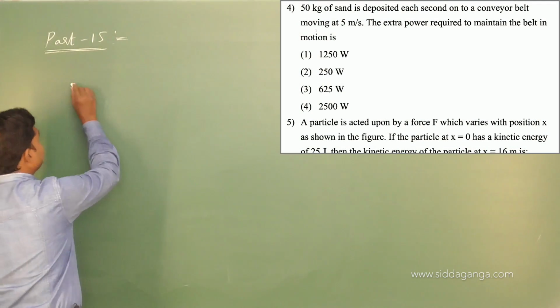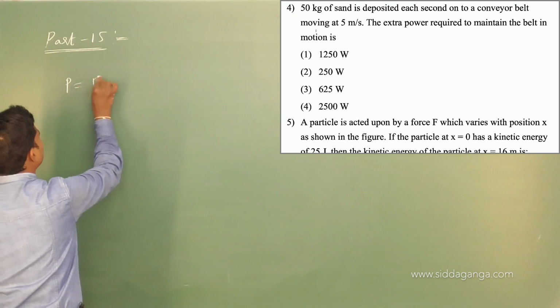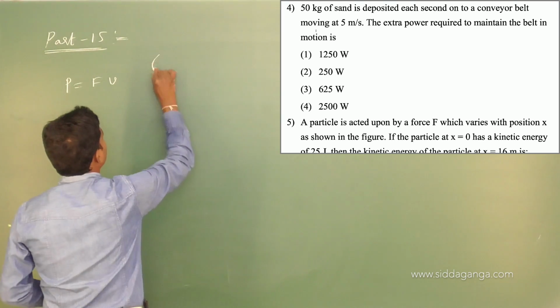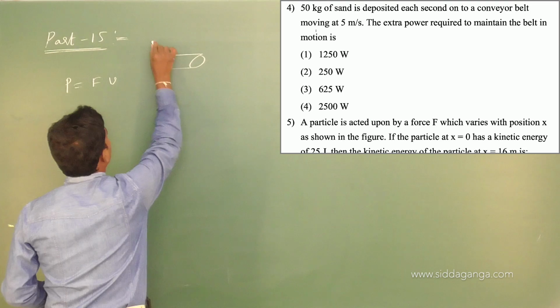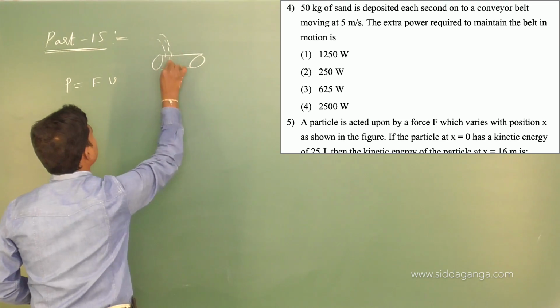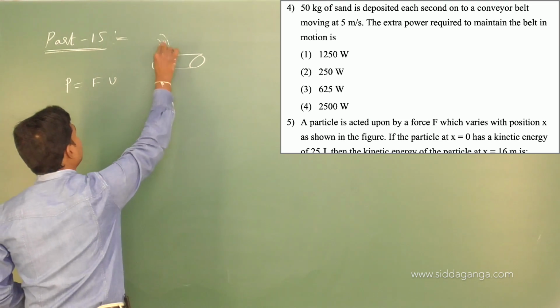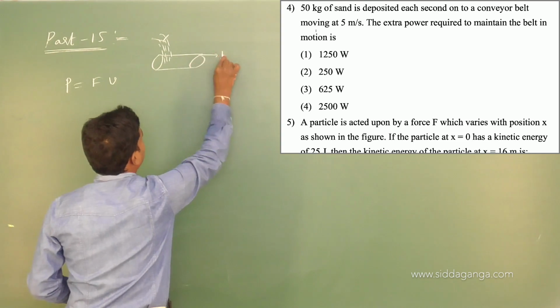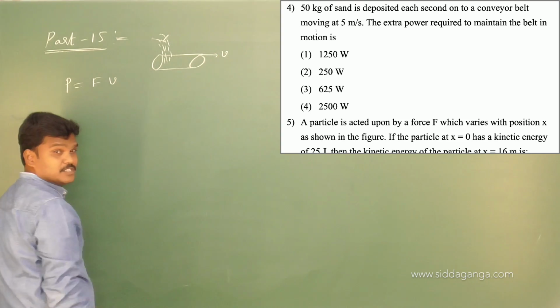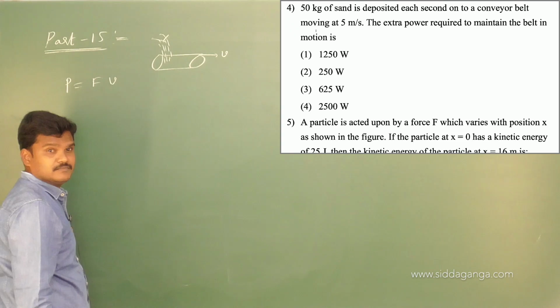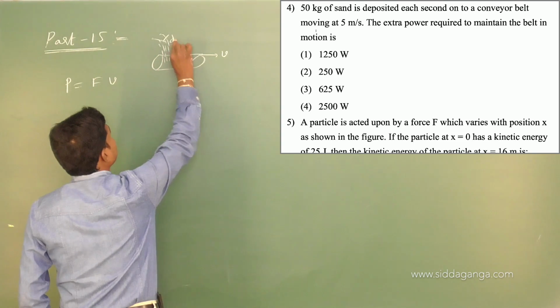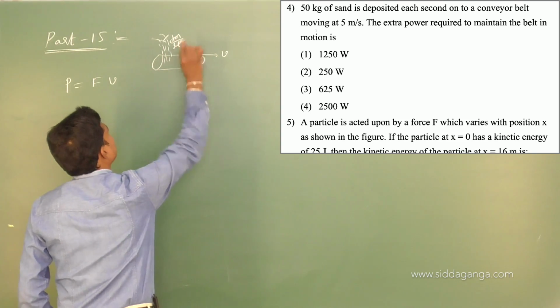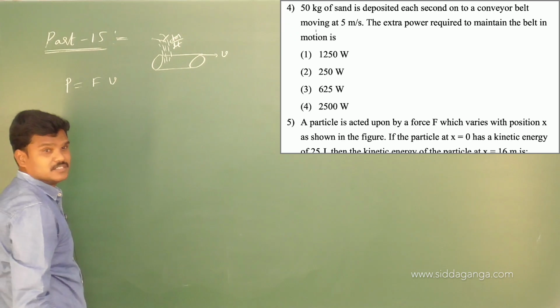When sand is dropped on a conveyor belt, the belt is moving with some constant speed, and dm by dt is the rate of mass.